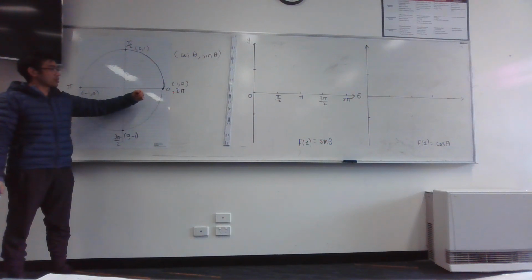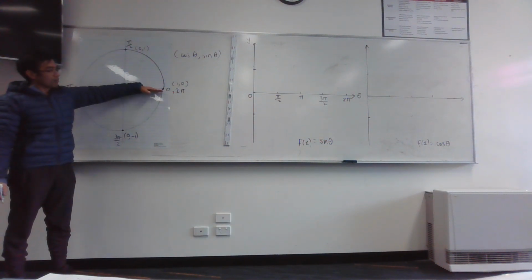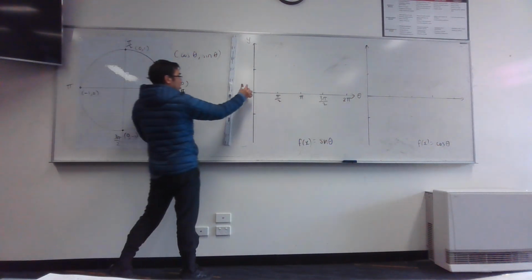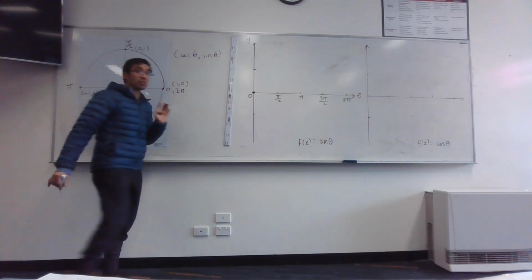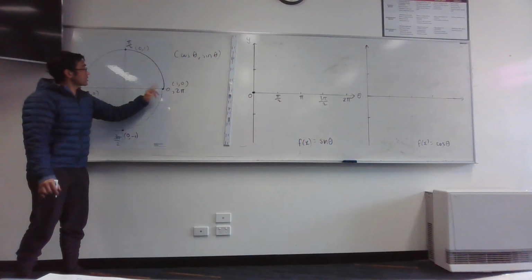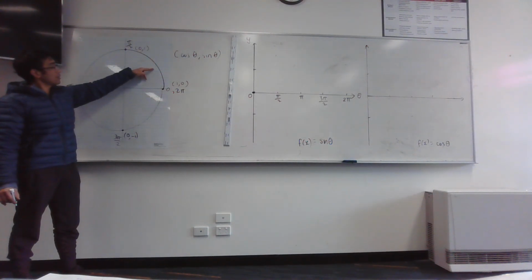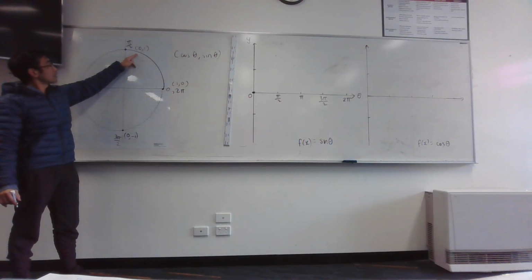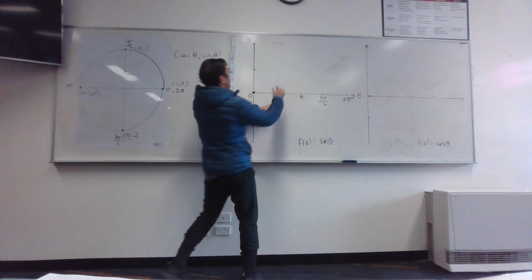Let's go for a little walk. At 0 degrees, over here, what's the y-coordinate? 0. It's a 0. So 0 is just 0. We start, go up, climb this hill, and at the angle of pi on 2, what are we at now for the y-coordinate? At 1.